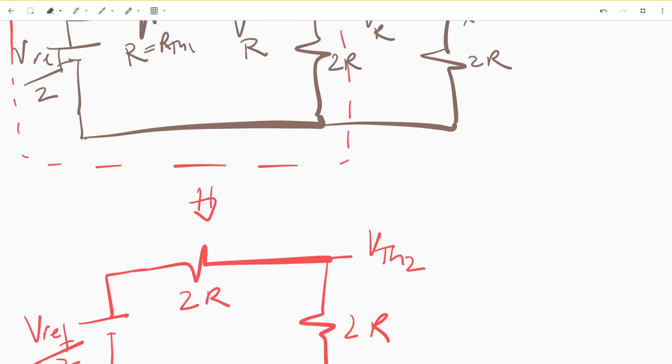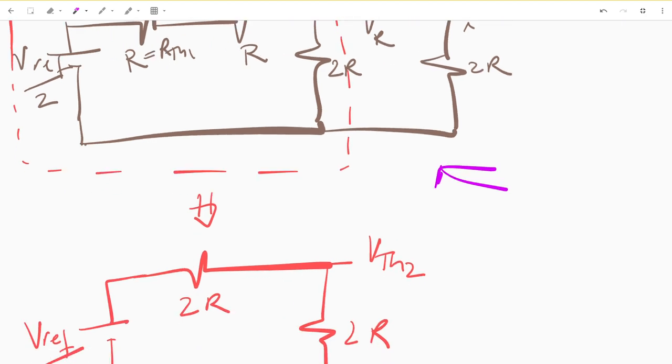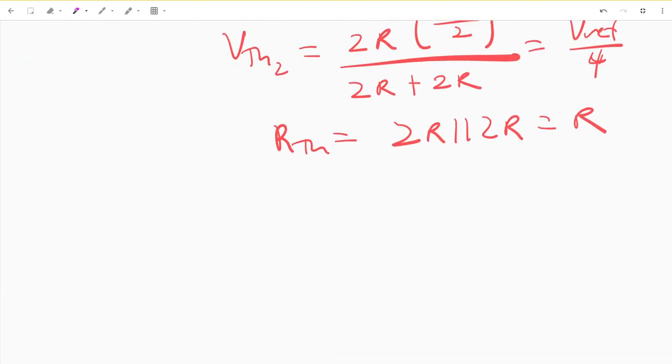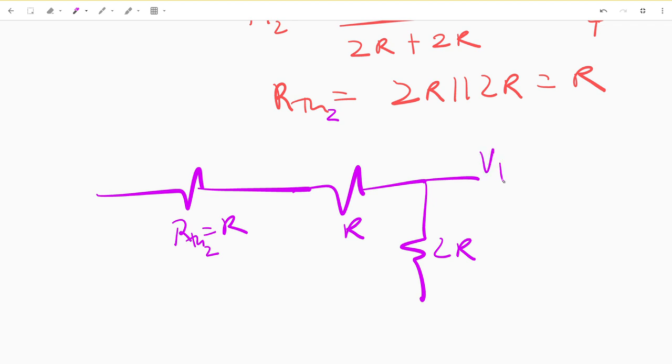And what you can do is, without having to redraw it, combine this circuit, or I'll do it one more time. You can combine this circuit to look like this now, where this is RTH, which is equal to R, RTH2, which is equal to R, this is R, and this is 2R, and this is VTH3.